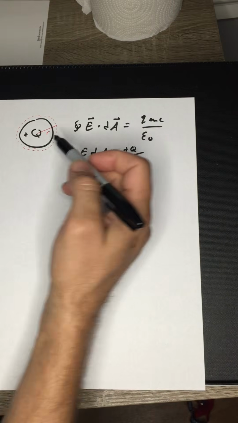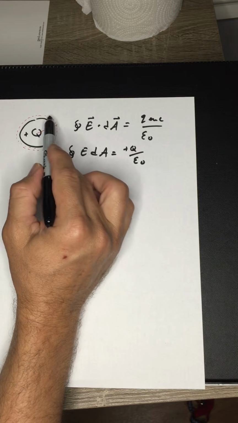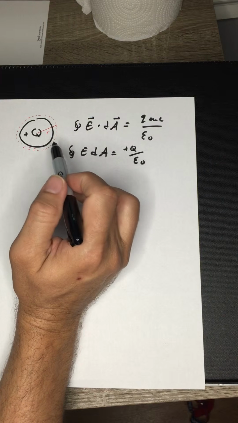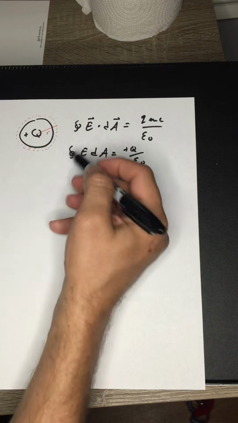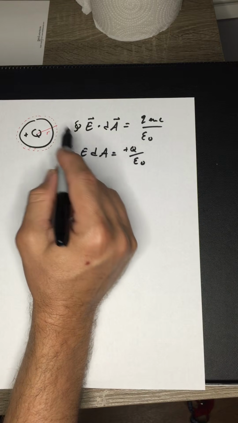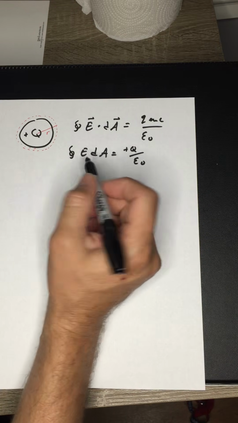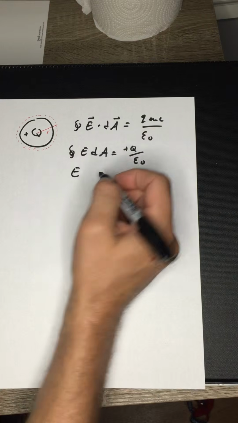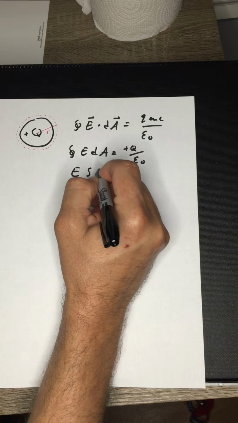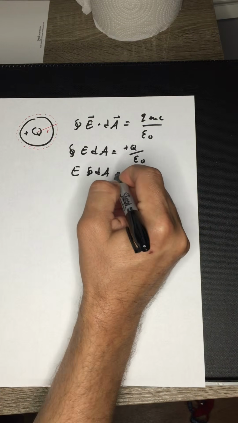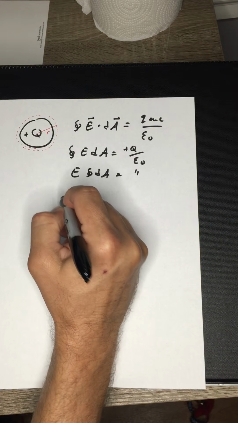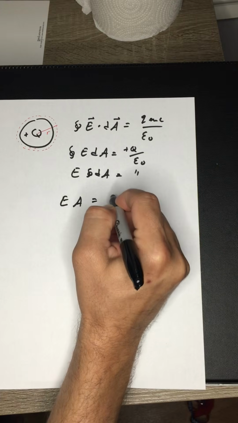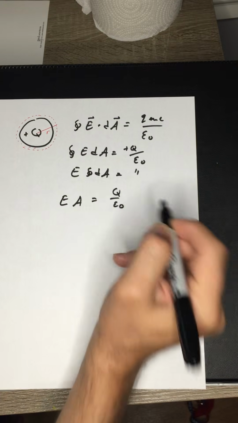Okay, again, because of the symmetry, this Gaussian sphere is concentric on the sphere, so every point is equidistant from the center of the sphere, which means E is going to be everywhere uniform, so I can pull that out of the integral. E times the integral of dA is equal to this. Well, the integral of dA is just A, equal to Q over epsilon naught.